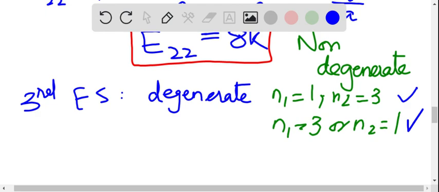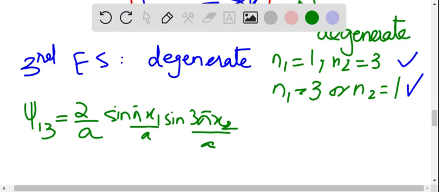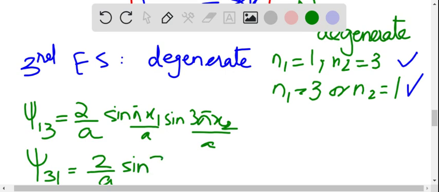So we would get that the wave function 1 3 would be equal to 2 divided by a sine pi x1 divided by a sine 3 pi x2 divided by a, right? And the equation for wave function 3 1 would be 2 divided by a sine 3 pi x1 divided by a sine pi x2 divided by a, right?